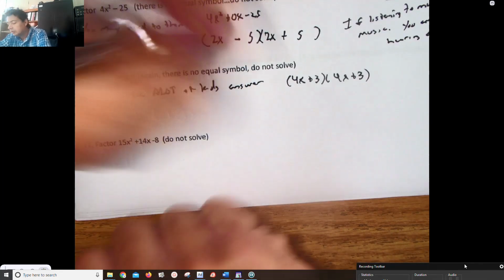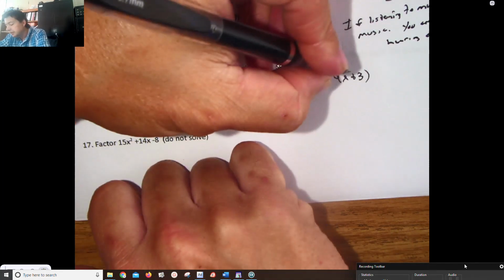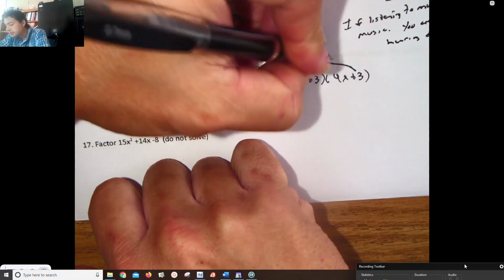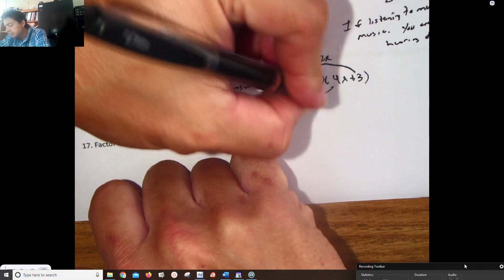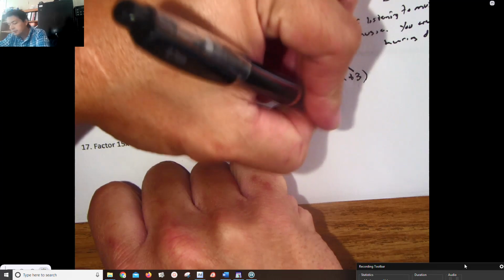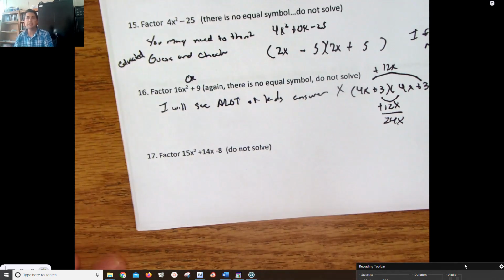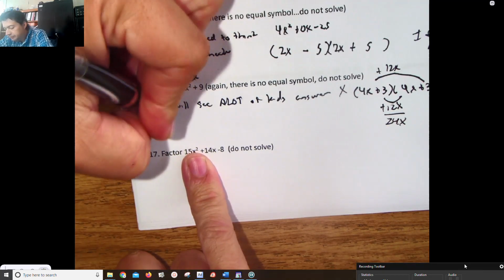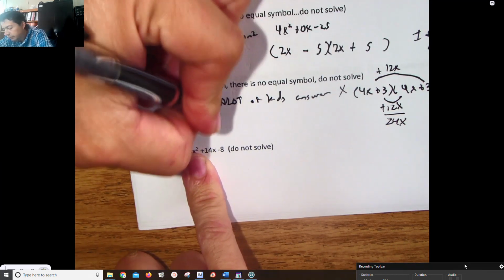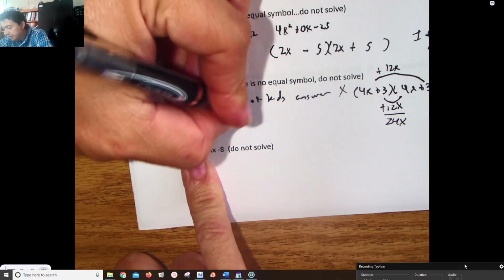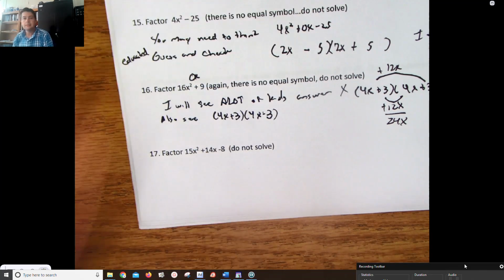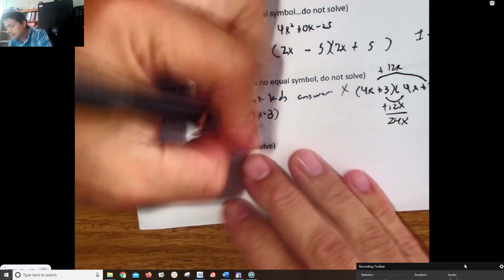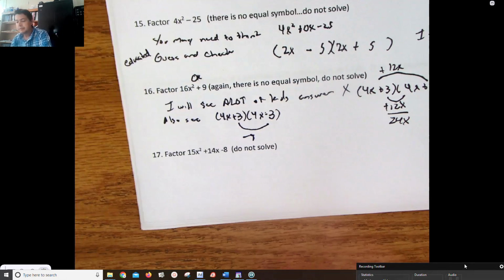And it's also wrong because there's a 12x that's positive, there's a 12x that's positive, and that's 24x. It doesn't have any. There are literally no x's. It doesn't have 24x. I will also see 4x plus 3 and 4x minus 3. They're like, aha, that works. No, that's negative 9.